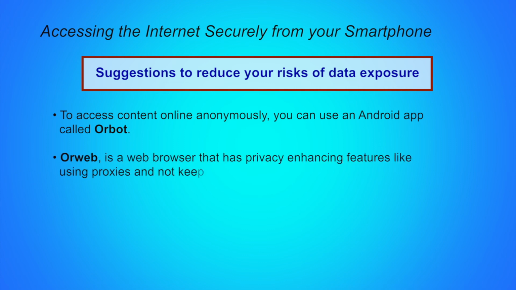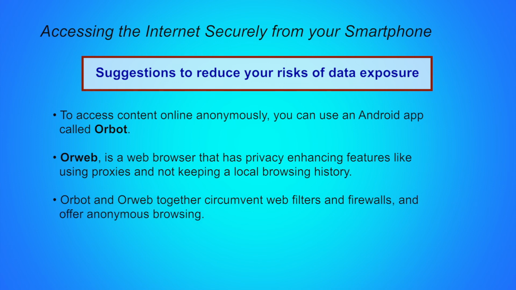Another app, Orweb, is a web browser that has privacy enhancing features like using proxies and not keeping a local browsing history. Orbot and Orweb together circumvent web filters and firewalls and offer anonymous web browsing.